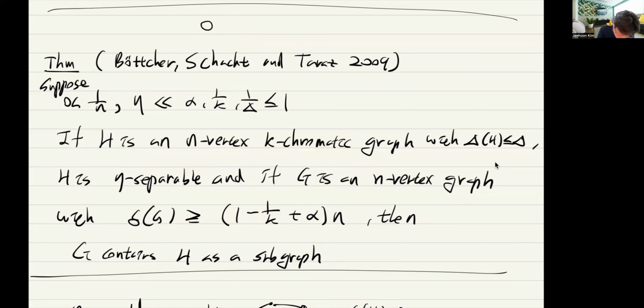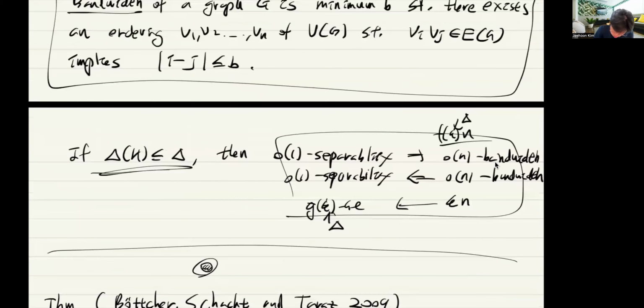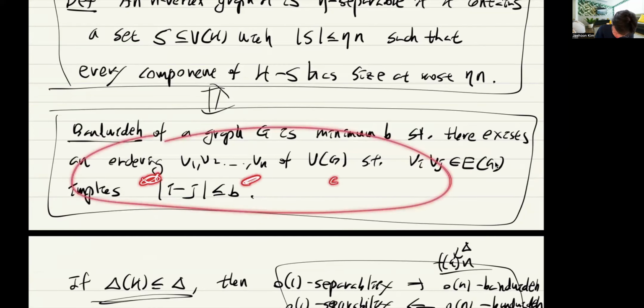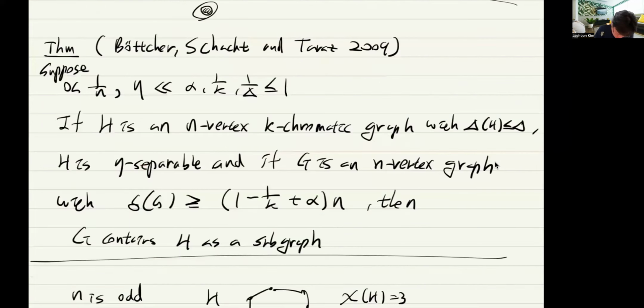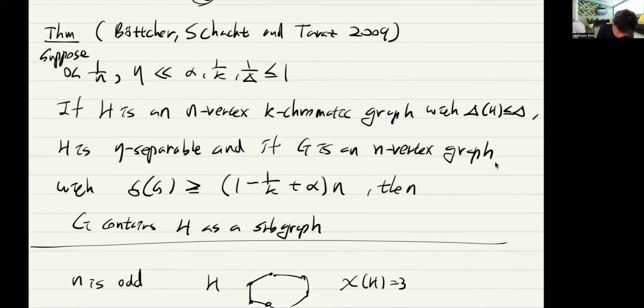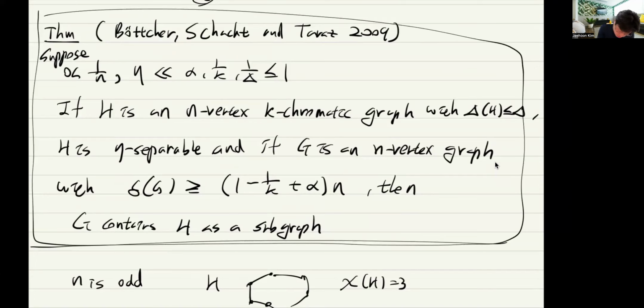Technically, it's not just a very small number of vertices; those vertices have to be not so scattered in your bandwidth ordering. They are somewhat clustered somewhere. But I will not talk about too much technical detail of the statement. This gives you a more general statement regarding the minimum degree threshold for having certain spanning subgraphs. Of course, for a specific subgraph, this might not be tight.